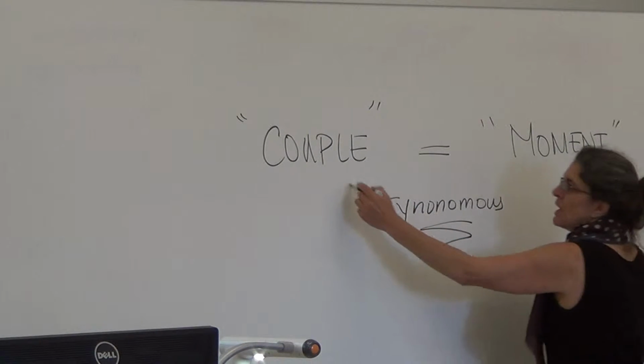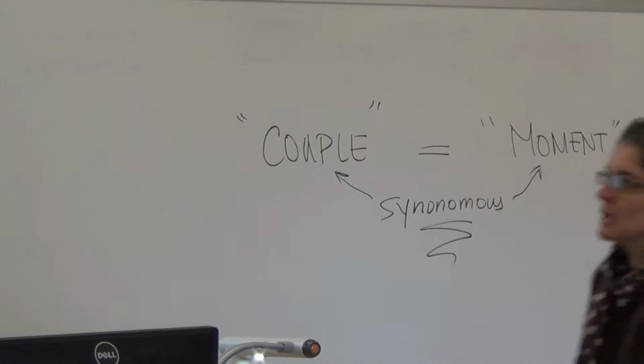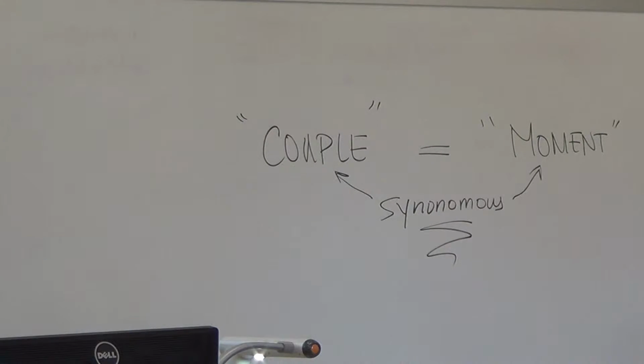Now, I don't like that they're synonymous. I like to use a couple when there are two forces in opposite directions with the same magnitude, and a moment is a moment. But since a couple produces a moment, sometimes they say couple instead of moment. So what we're looking for is the force moment system.